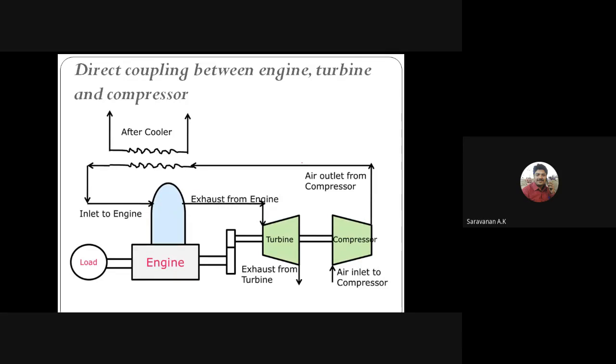The turbine energy may not be sufficient to run the supercharger or compressor, so we utilize the remaining energy from the engine also. So we get additional power from the turbine and the engine to run the compressor or supercharger.